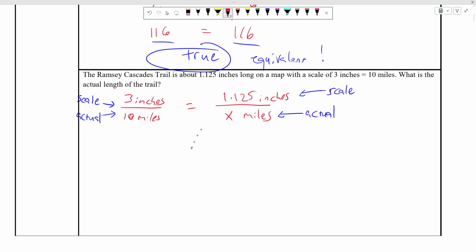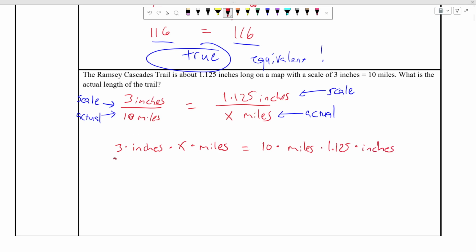It's just a matter of let's cross multiply once again. 3 in, just like in the last one, 3 times inches times x times miles equals 10 times miles times 1.125 times inches.